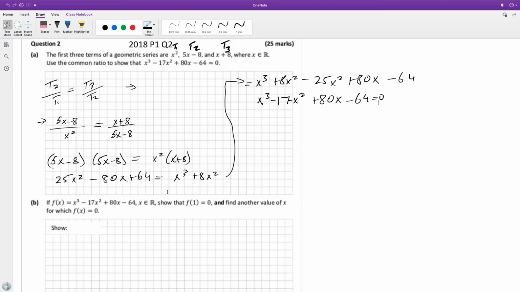Right, just while you're finishing off that, I want you to know a quick little cheat for checking that. Anyone who has this calculator, go to function mode, go to 3 for table, put in your function, which is alpha x cubed minus 17 alpha x squared plus 80 alpha x minus 64.